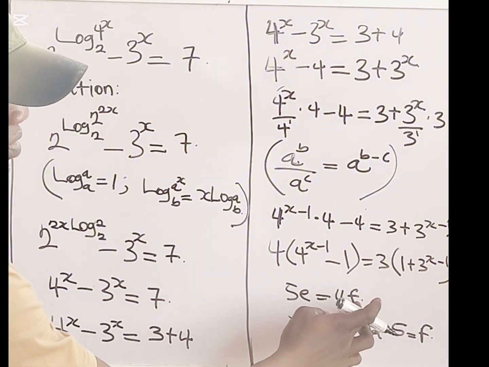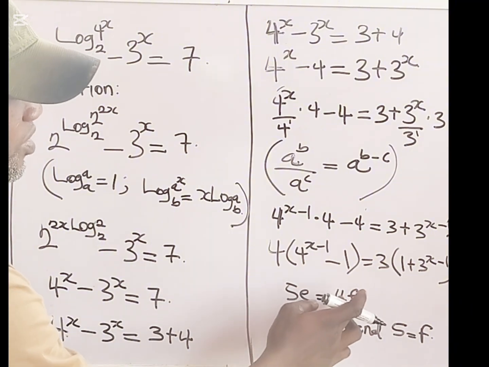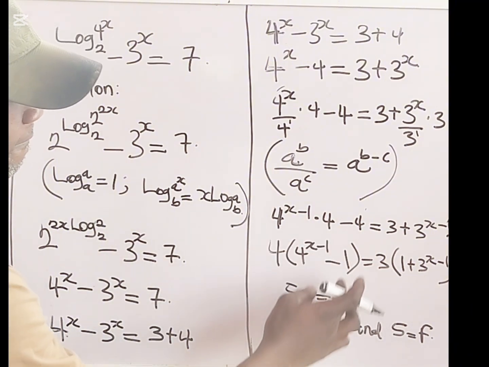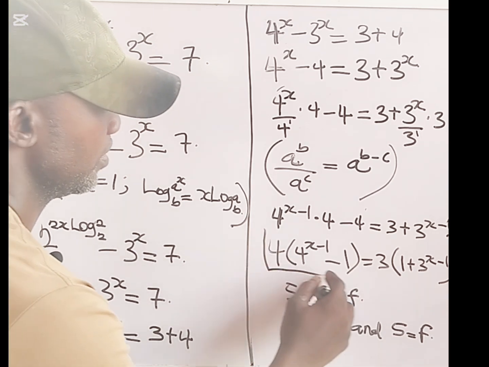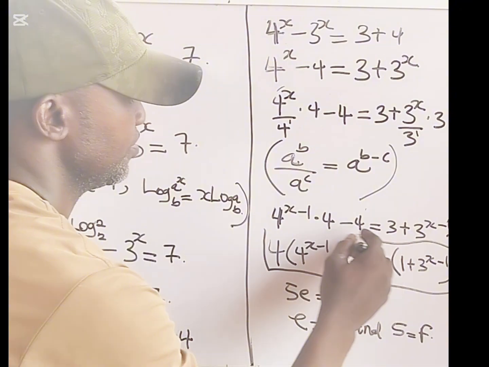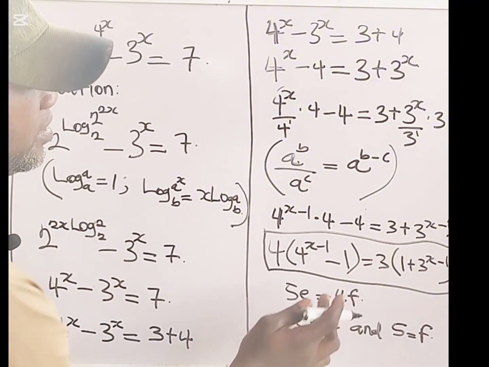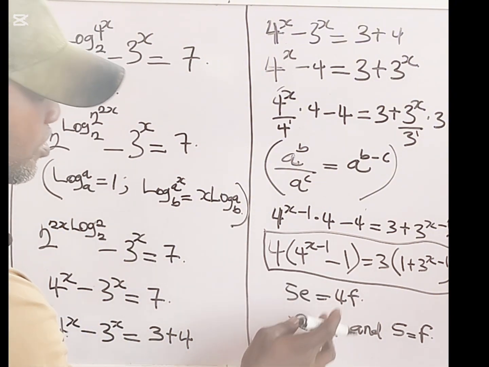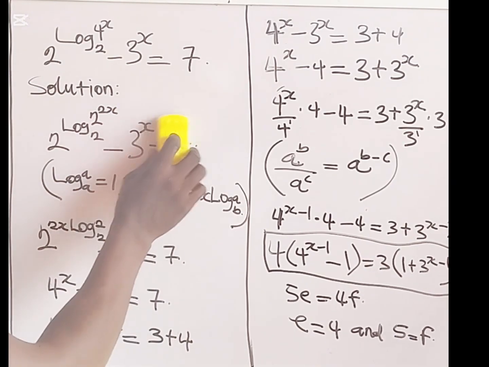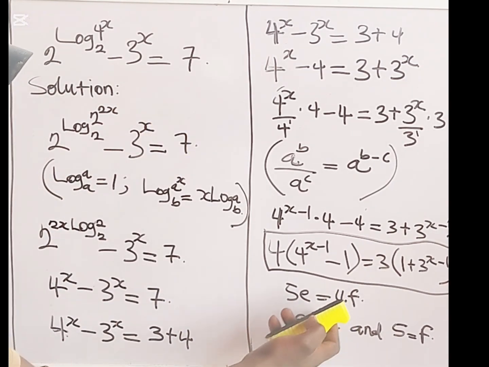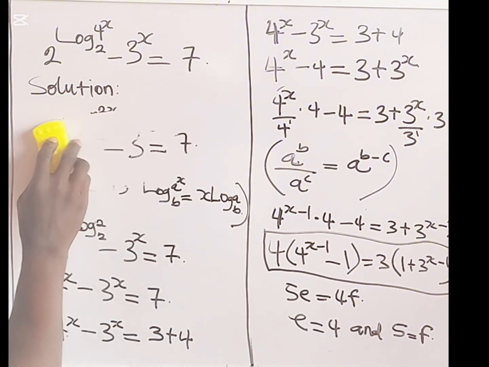This 5 must be equal to f and e must be equal to 4 for this kind of equation to be correct. What we have here is similar to this. So with this knowledge, we can apply what we got here to this equation.